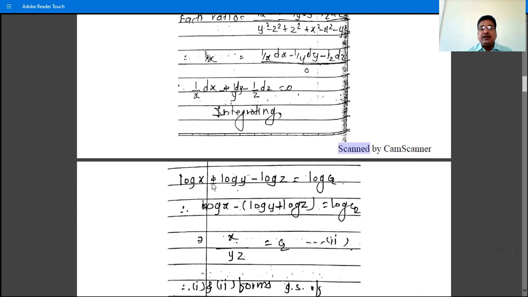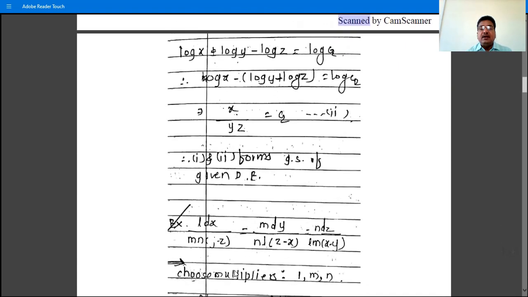If we take the minus sign common from these two, in the bracket we have log y plus log z, and log y plus log z is log yz, and log a minus log b is log a/b, and therefore we have log x/(yz) is equal to log c2. Cancel log on both sides, then we have x divided by yz is equal to c2, and this is the second solution, and therefore 1 and 2 form the general solution of the given differential equation.